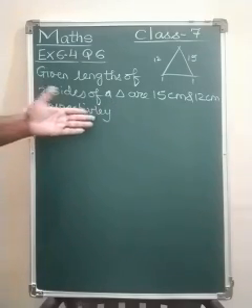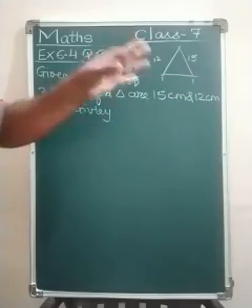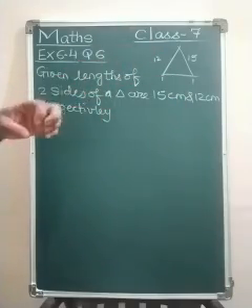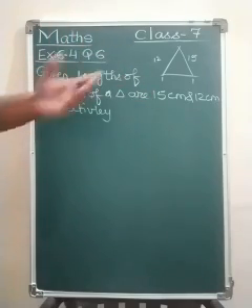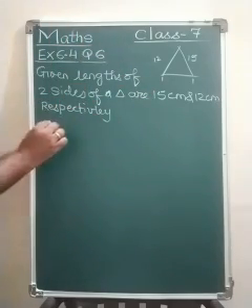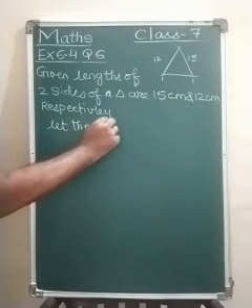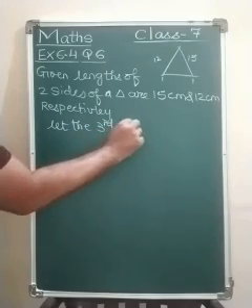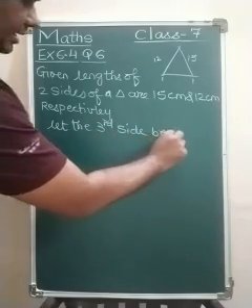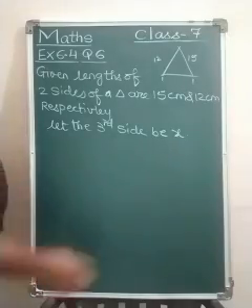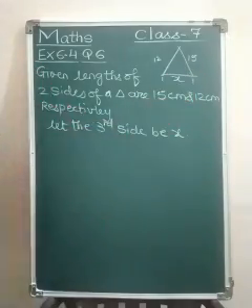Now the third side we have to find between which two measures it should come. Third side is not known, so if anything is unknown, let the third side be x. So we will consider this side to be x.